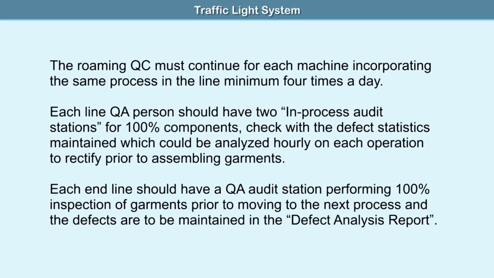The roaming quality checker must continue for each and every machine, incorporating the same process in the line, minimum 4 times a day. Each line quality assurance person should have 2 in-process audit stations for 100% components.